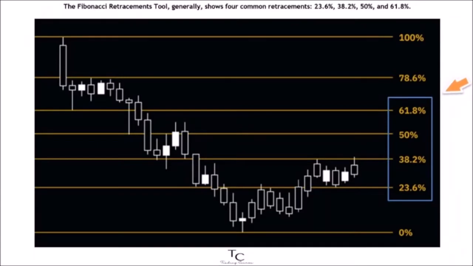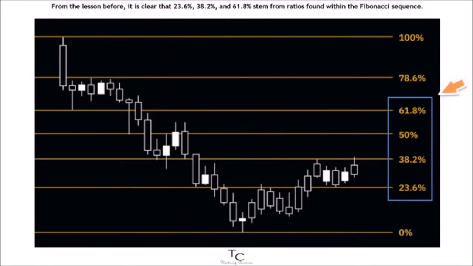The Fibonacci retracements tool, generally, shows 4 common retracements: 23.6%, 38.2%, 50%, and 61.8%.